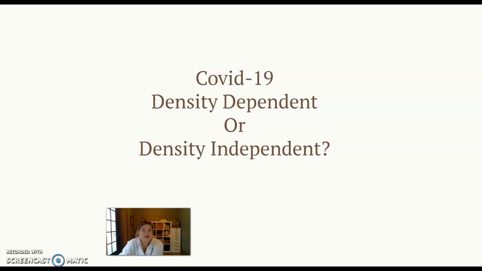COVID-19 would be density dependent because if you are in a denser region, that would allow the virus to spread more quickly and affect more people, as we saw when we didn't know much about it in New York. Cities were highly affected by COVID-19 originally and continue to be, but that would be because they have a higher density population.